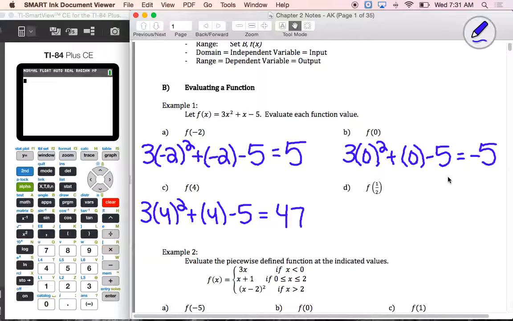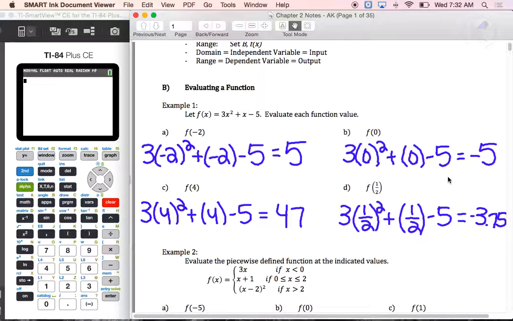And we put 1/2 in. We're going to get a decimal. And remember, WebAssign doesn't like decimals unless they're decimals that stop. Because it's -3.75, it is a decimal that stops, so you could write it in decimal form.